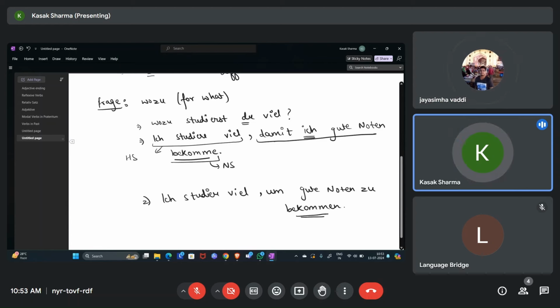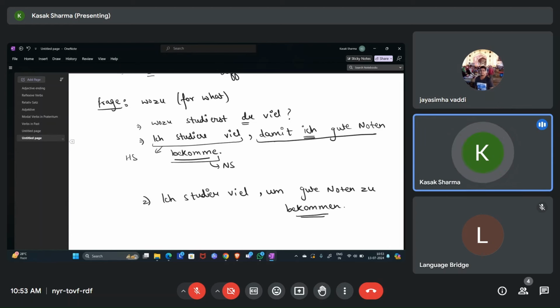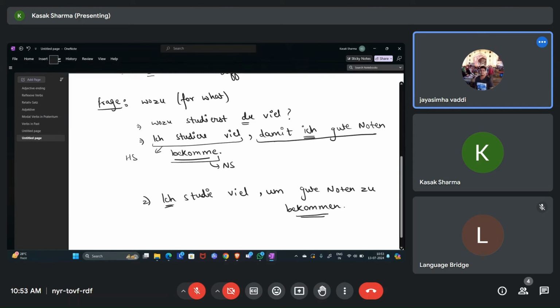Here the verb is in infinitive form. We don't use a subject with zu, because the subject in the Hauptsatz and the Nebensatz is the same: ich studiere viel.